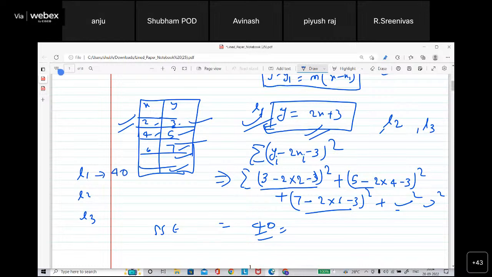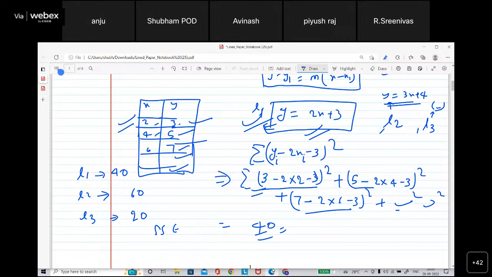For L2, suppose y equals 3x plus 4 is given, the same way you calculate SSE, let's say 60. For line L3, again calculate SSE with the same process, let's say 20.